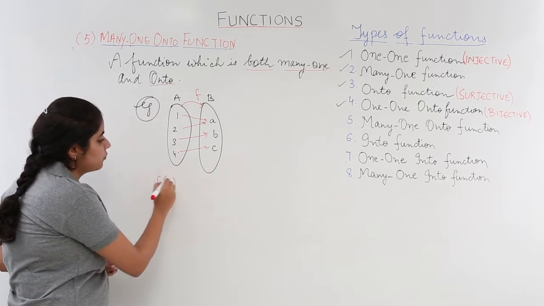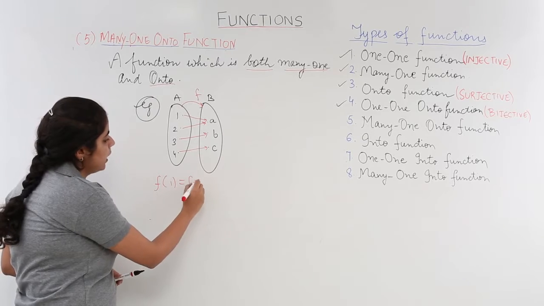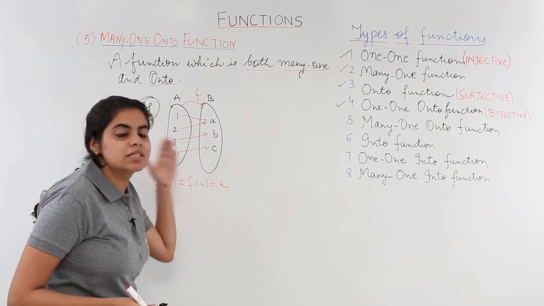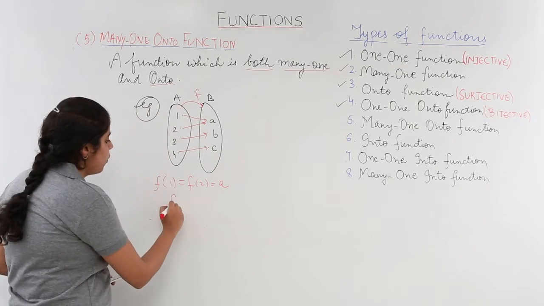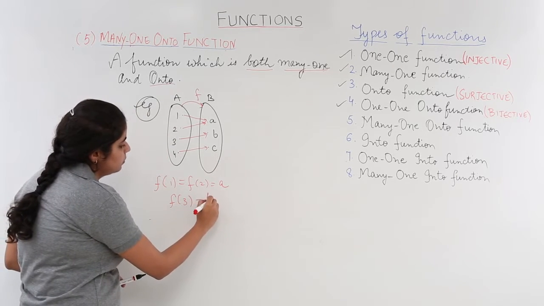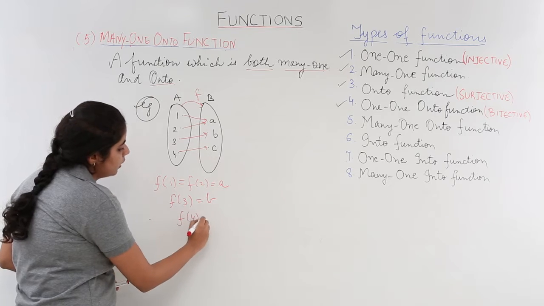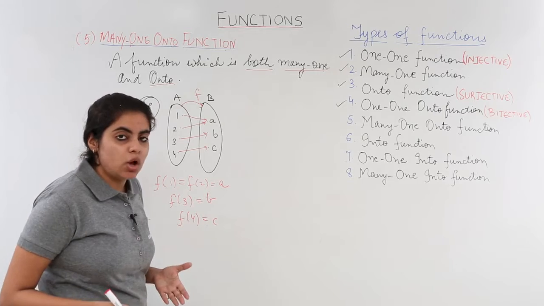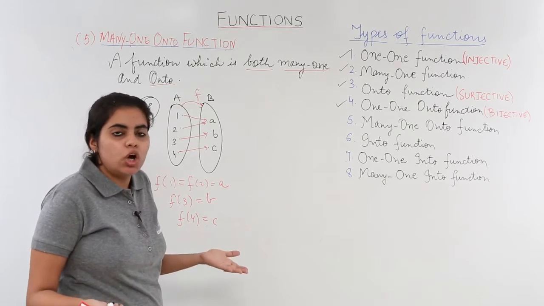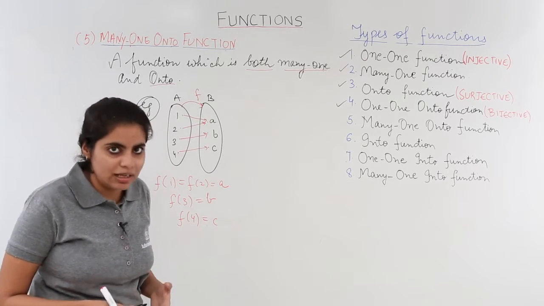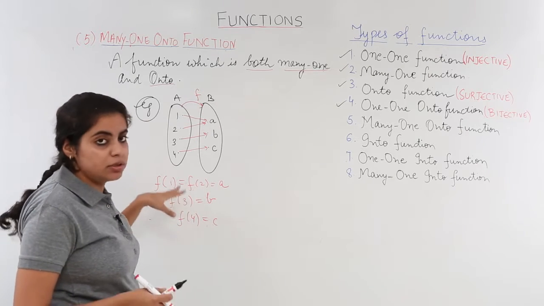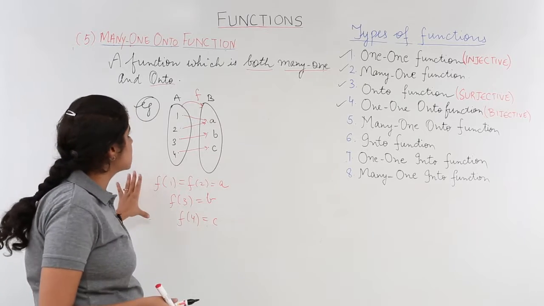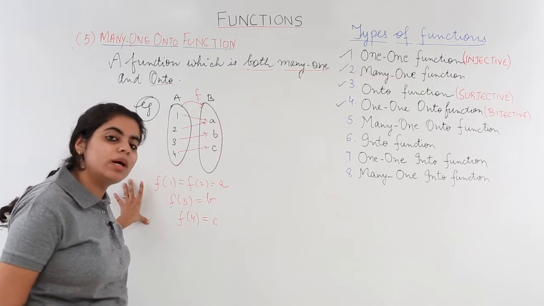Because f of 1 is equal to f of 2, which is A. Both 1 and 2 have the same image, while f3 is B and f4 is C. That means different elements of the first set do not have different images. Rather, different elements yield the same image. That is why this is not a one one function, rather it is many one.